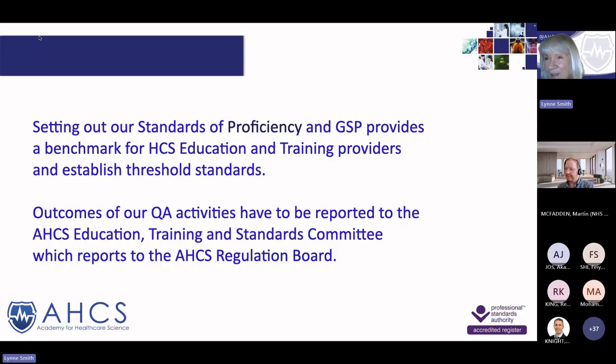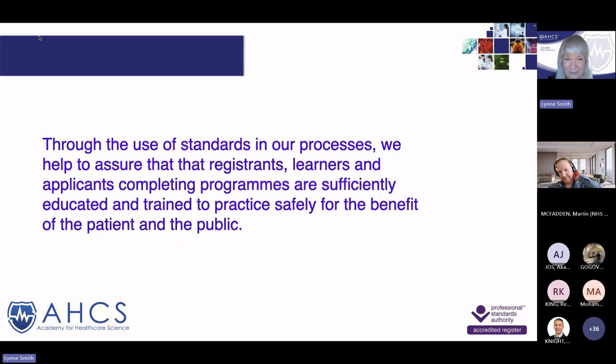So we make sure that what we give as guidance for standards and GSP meets everyone's minimum standards, and the outcomes of our activities have to be reported to the Academy's Education, Training and Standards Committee, which reports to our regulation boards. So you can see, not only do you meet standards, but we have to meet standards appropriately and at a high level.